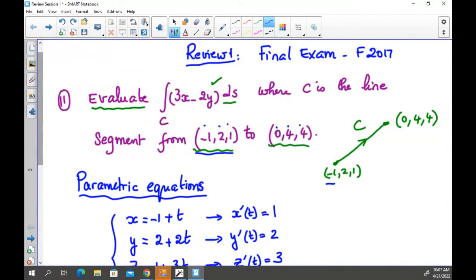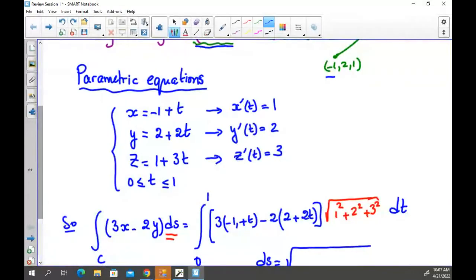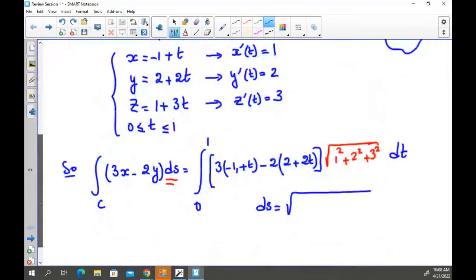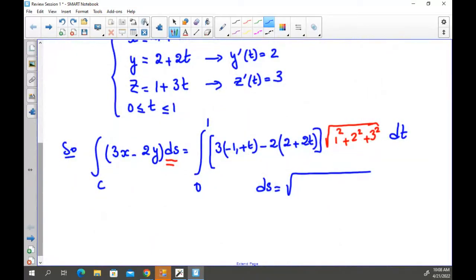So that means we are in 3 dimensions. Be careful. If the points only have two coordinates, then there is no z. Yes, you're right. But here we are working in 3 dimensions, so there will be x prime squared plus y prime squared plus z prime squared.